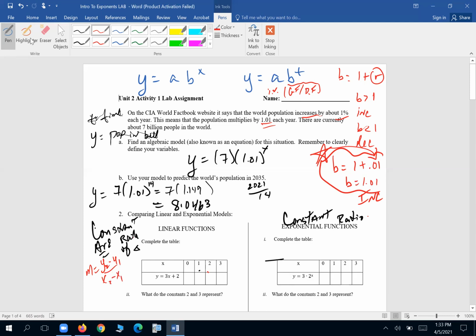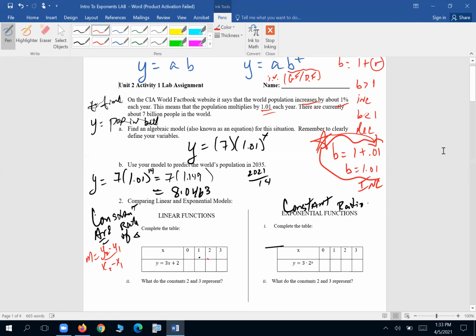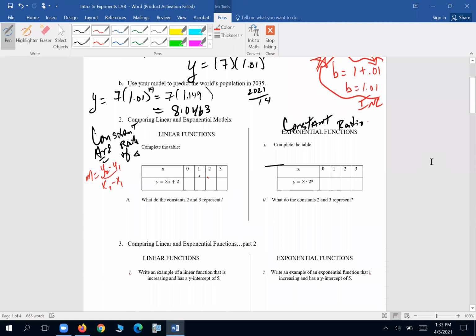So if you had to complete that table, for instance, the directions were to complete the table. Well, you can probably do a lot of that just by doing a little mental math. Let's do the linear one in blue. If I plug in 0 into this function, you'd have 3 times 0 plus 2, which would be 2.